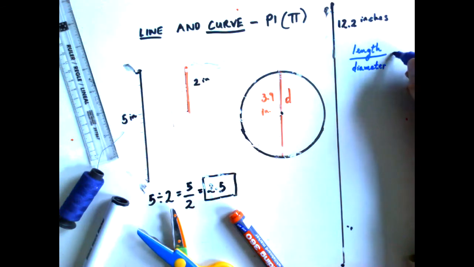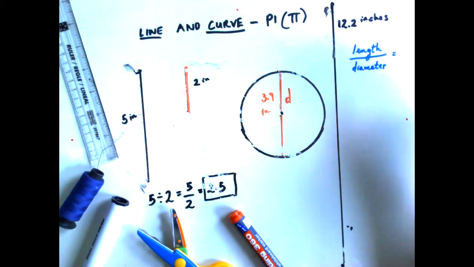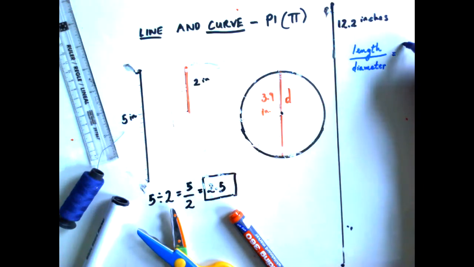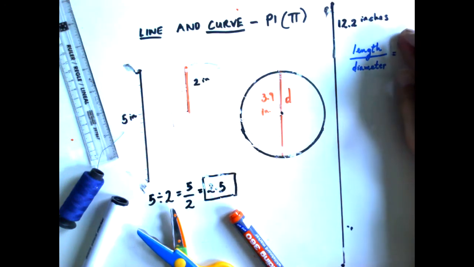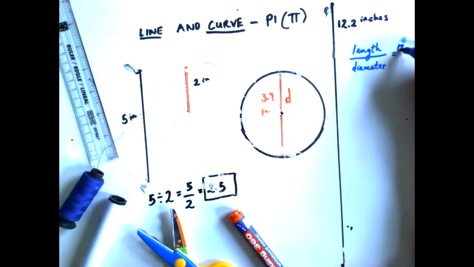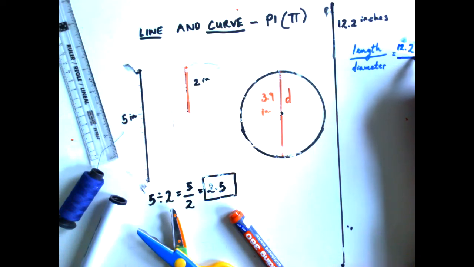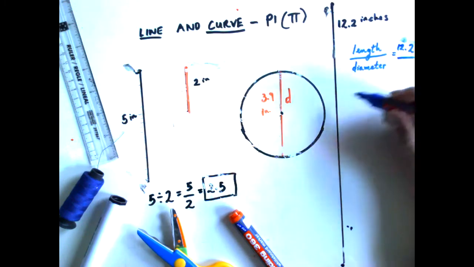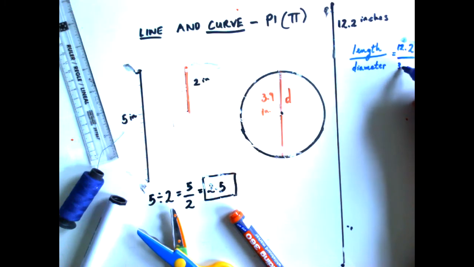And here, the length of the circle is 12.2. It's 12.2 divided by the diameter of 3.9.